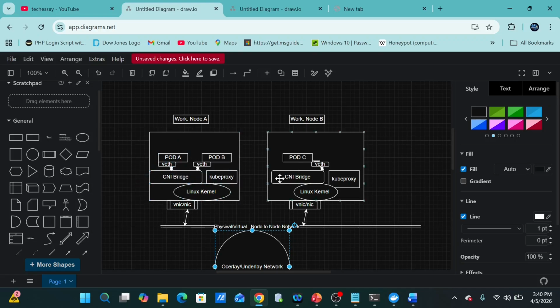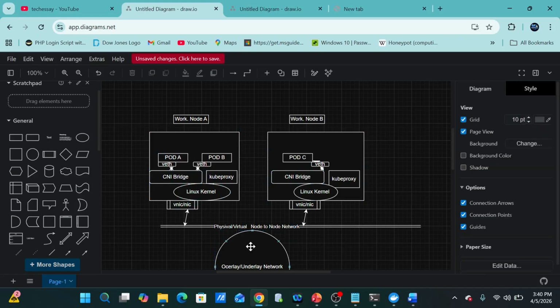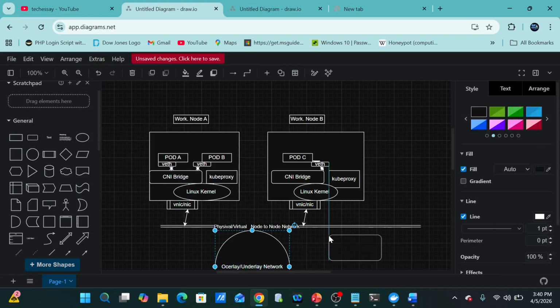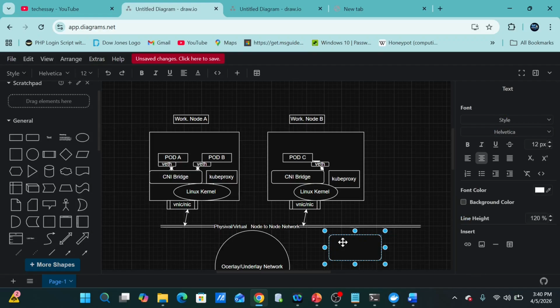Okay, so this CNI plugin is responsible for... here, let me add one more box. CNI plugin is responsible.